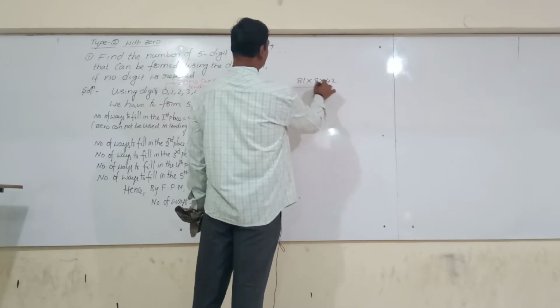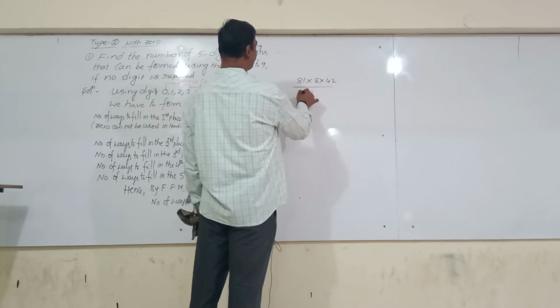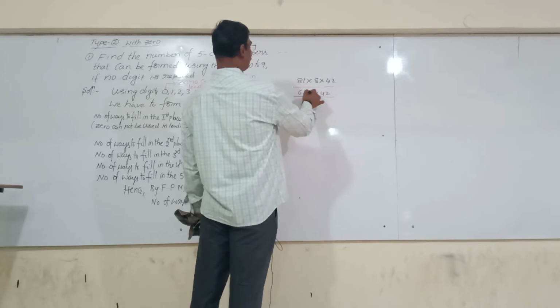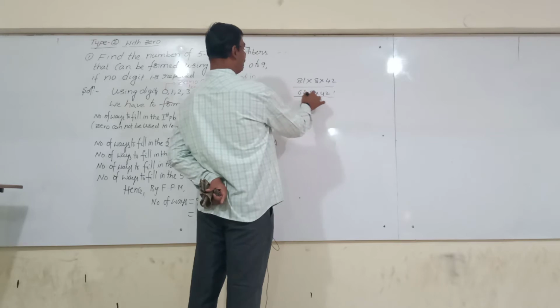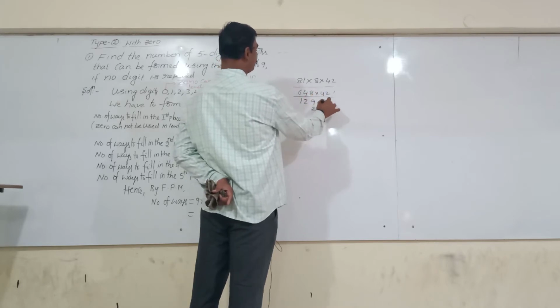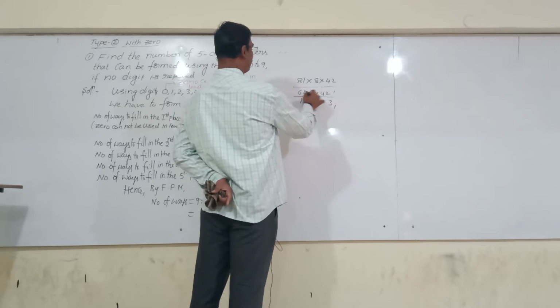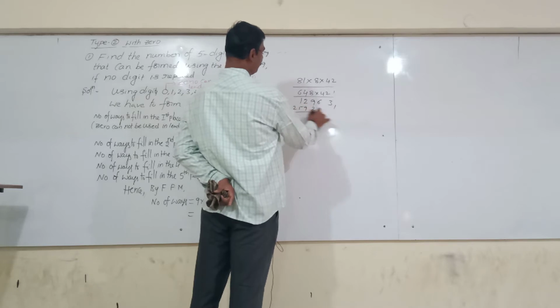So here multiplying 8 into 8, 64 into 42. First multiply 2 by 8 is 16, 1 carry; 2 into 4 is 8 plus 1, 9; 2 into 6, 12; and 4 into 8, 32; 4 into 4, 16 plus 3, 19; 4 into 6, 24, 24 plus 1, 25.